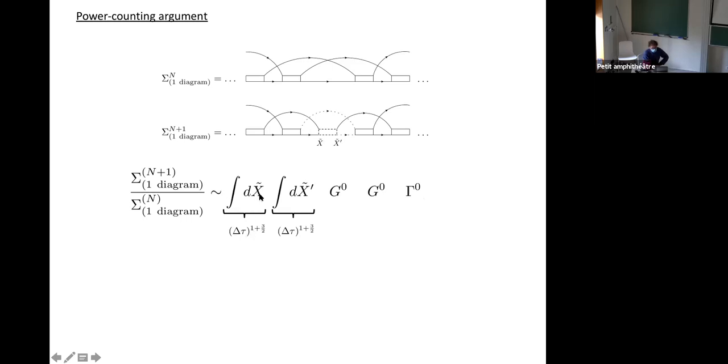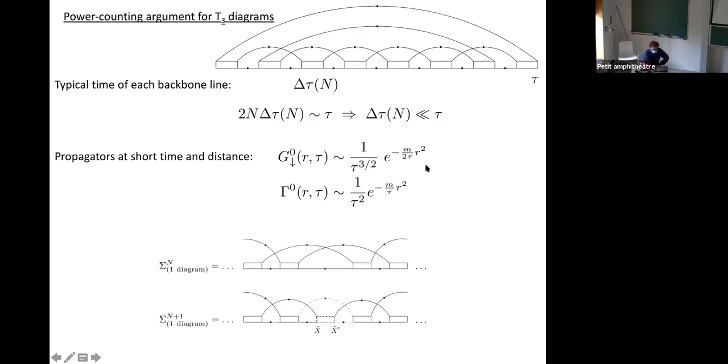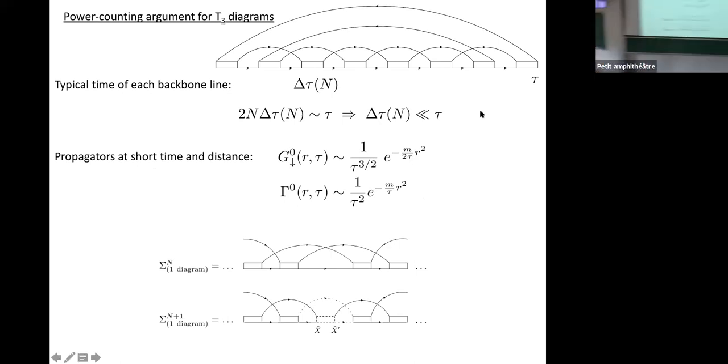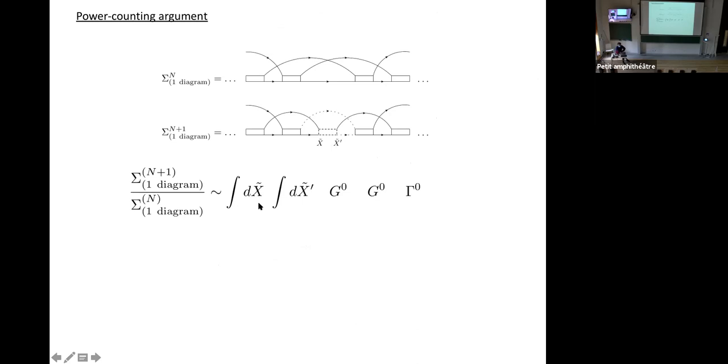Then we also have to integrate over position. But we see from this propagator that the typical delta r, the typical position difference, will be of order square root of tau. So the integration over position will give me a factor delta tau to the power 3/2. Same for this one here. So it's a small contribution.